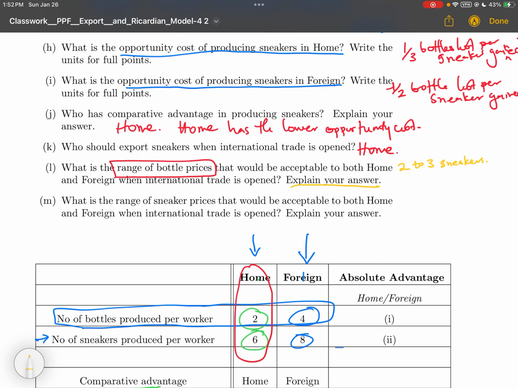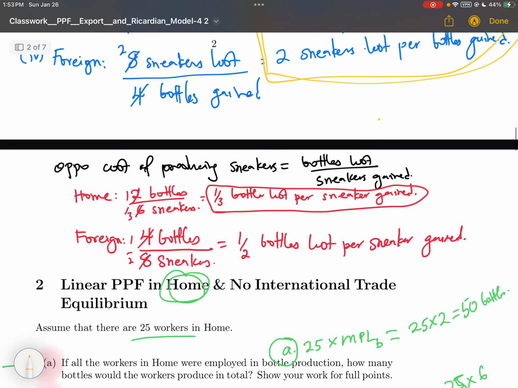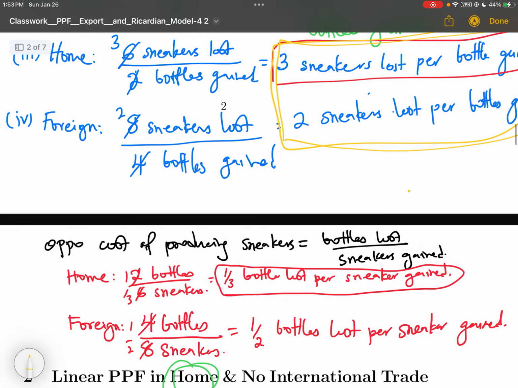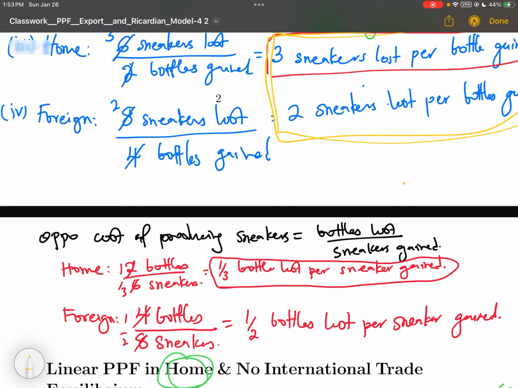Okay, with the sneakers part, our answers were 1/3 to 1/2 bottles. That will be the range of sneaker prices. Now, how is this making sense? This is the opportunity cost of producing sneakers, and I'm saying that the sneaker prices will be between these 2 opportunity costs, and we are supposed to write an explanation.